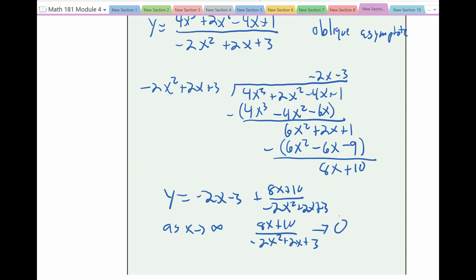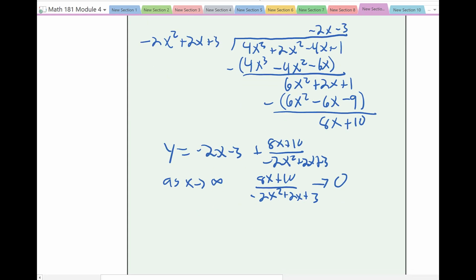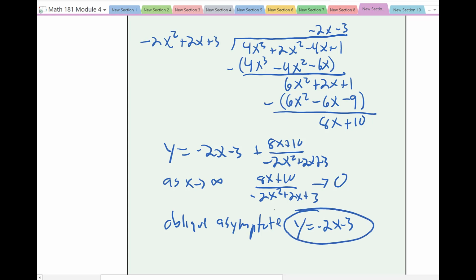Okay, so it's just the oblique asymptote y equals negative 2x minus 3. That's what describes it. Okay, let's keep going.